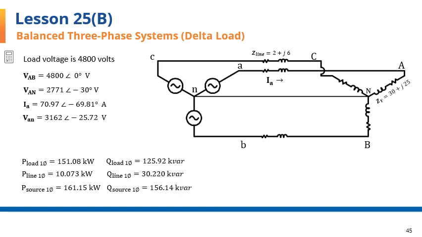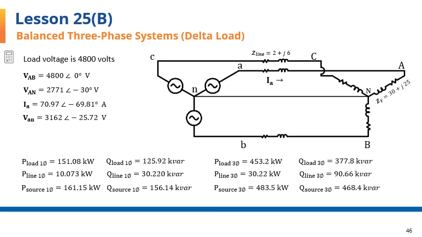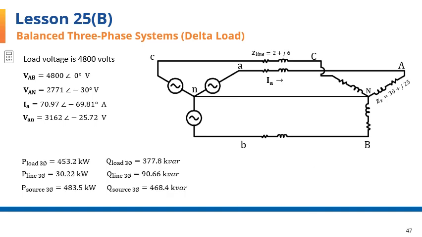Here they are. Single phase powers of the line and the load and the source. Next, we'll multiply each single phase power by 3 to find the three phase powers. And they're shown here. Put these back on the left, all of the three phase powers.